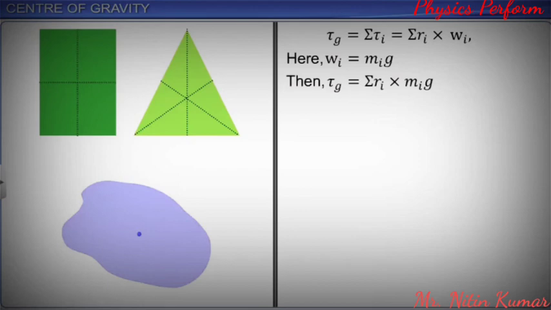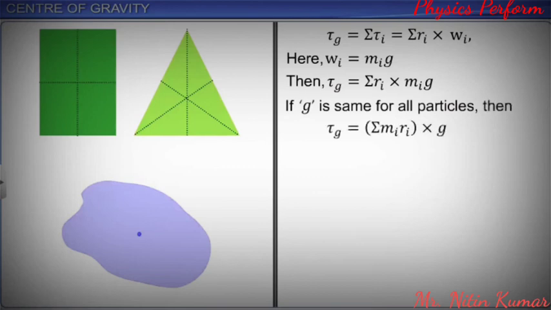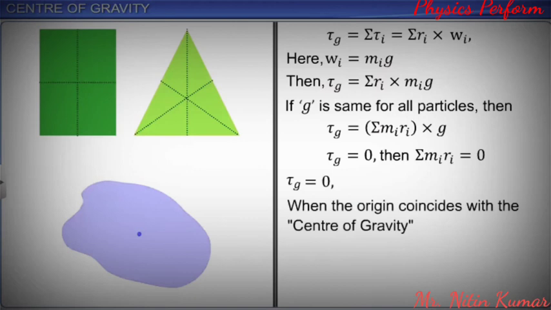Then, tau g equals sigma mi Ri cross g. That means, if tau g is equal to 0, then sigma mi Ri is also equal to 0. Tau g is equal to 0 only when the origin coincides with the center of gravity. Similarly, for a system of particles, sigma mi Ri is equal to 0 only when the origin coincides with the center of mass.